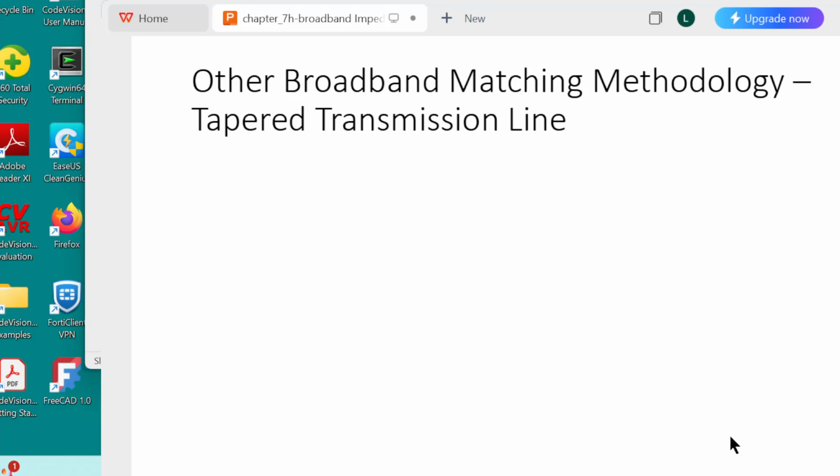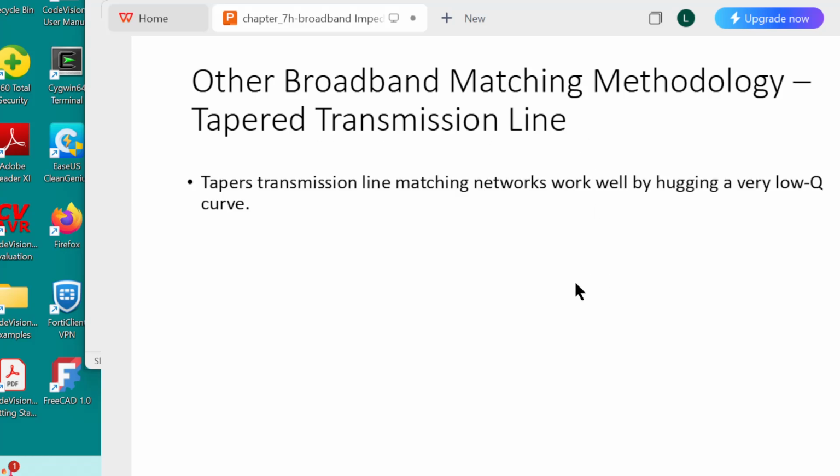There are other broadband matching networks as well. One of the broadband matching networks is the tapered transmission line, and you have to use software to draw the tapered section.